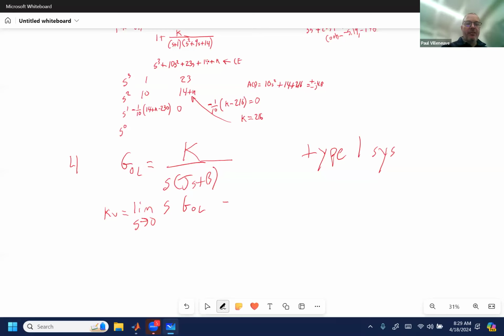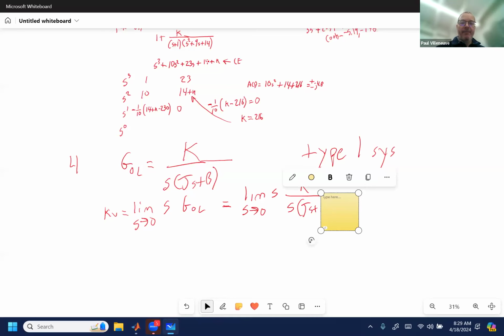So that's equal to the limit as S approaches 0 of S times K over S times JS plus B. Those terms cancel.